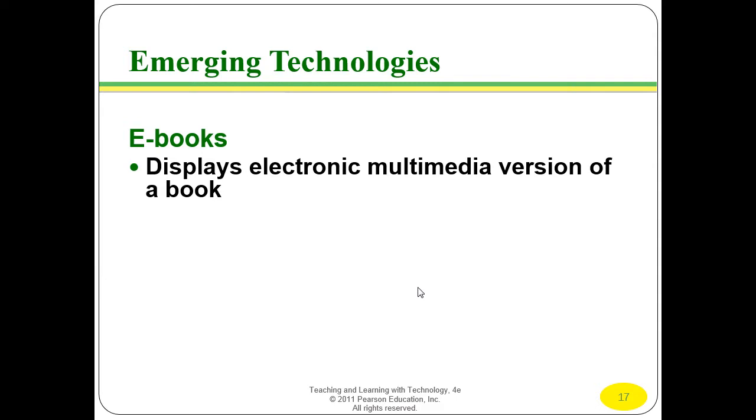We can embed videos and graphics and audio files into text that we could never do before. And it looks like more and more publishers are charging more and more for textbooks now.